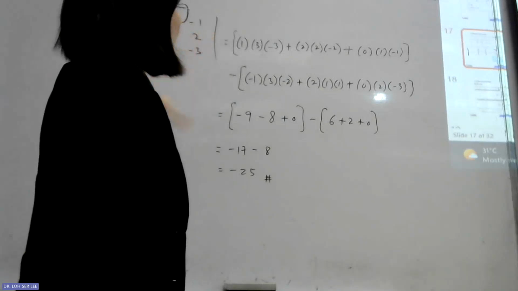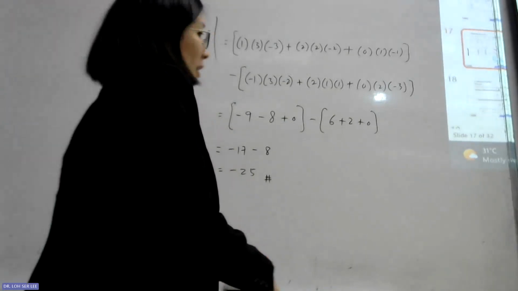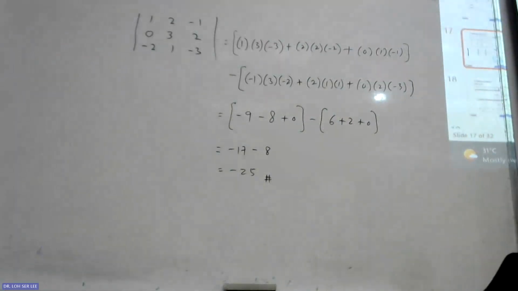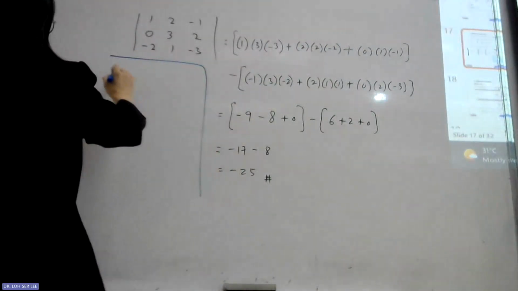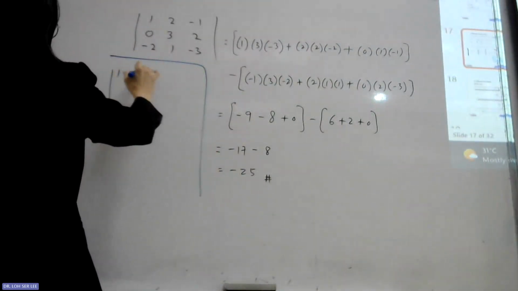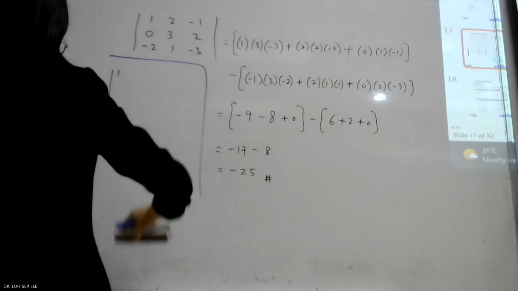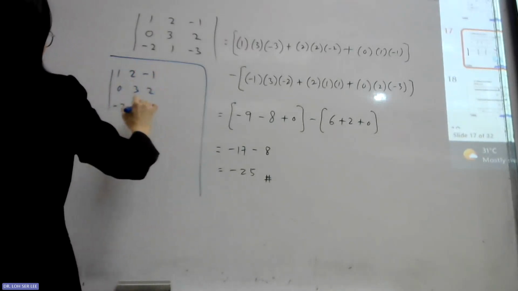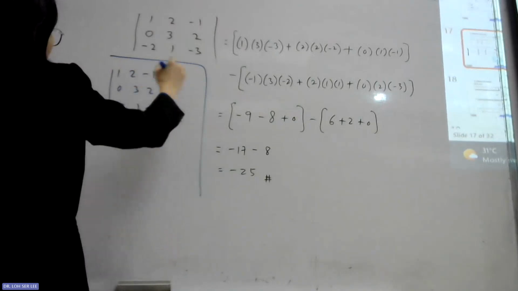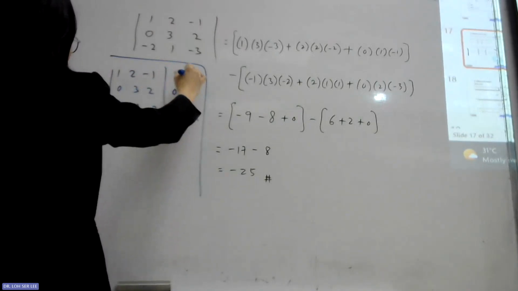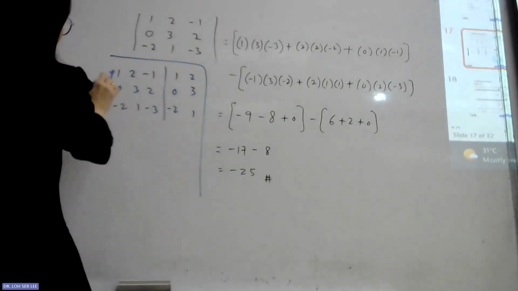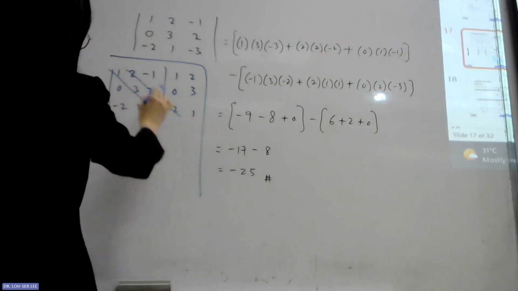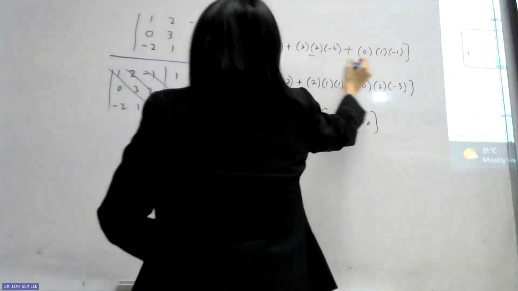This is actually the same as the method some of you may have learned before, where you write 1, 2, -1, 0, 3, 2, -2, 1, -3, then copy another 2 columns. This one, this one, this one is this 3.